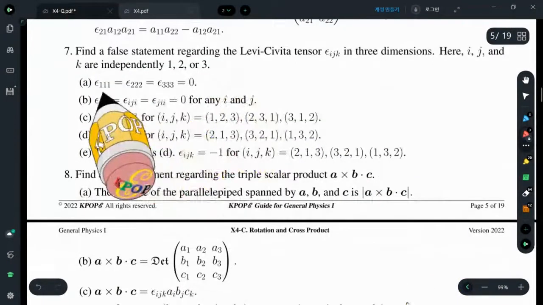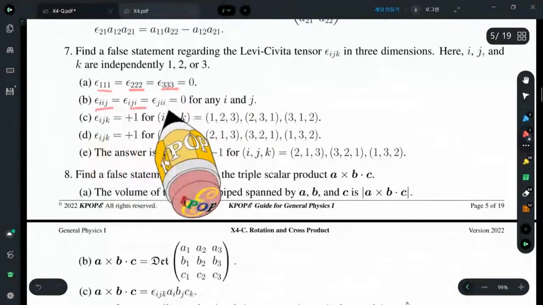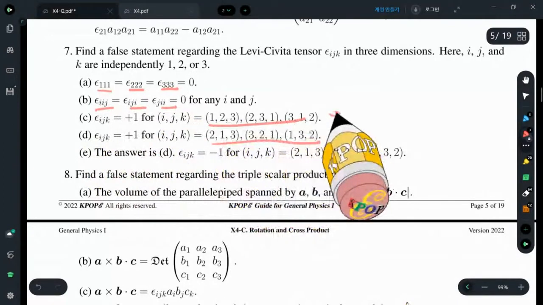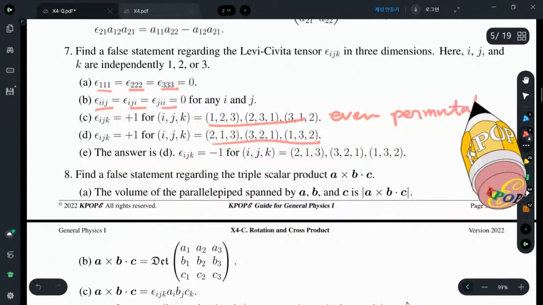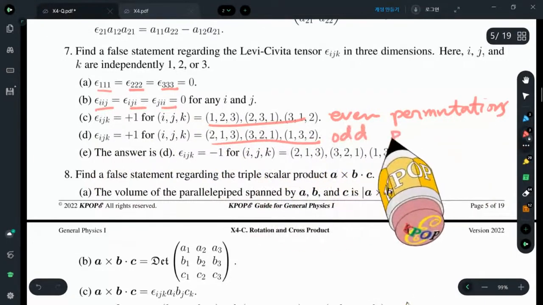Again, in 3 dimensions, these are all vanishing. The only non-vanishing contribution is even permutation and odd permutation.